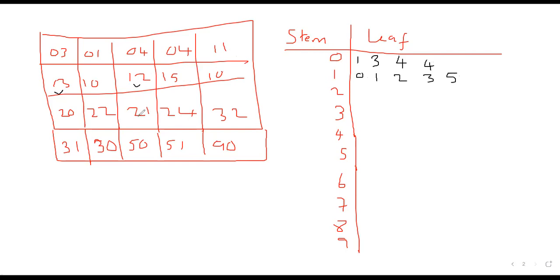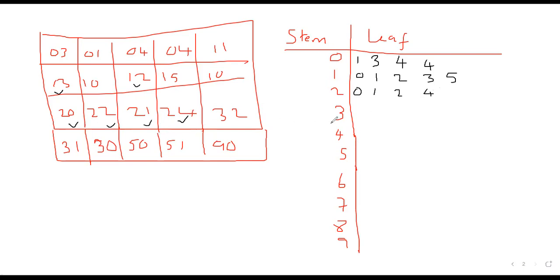On the 20s, what's the smallest number we have? 2, 0. Then 21. Then 22. Then 24. We're done with the 20s, right?